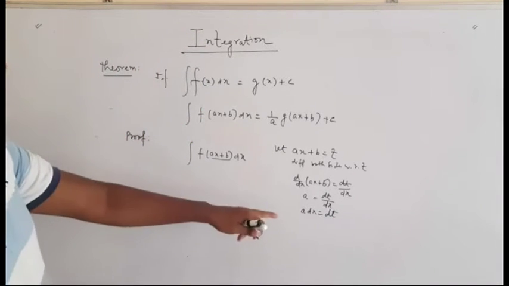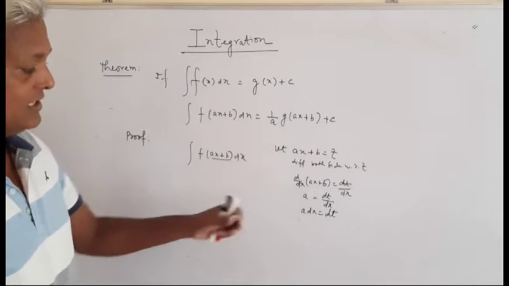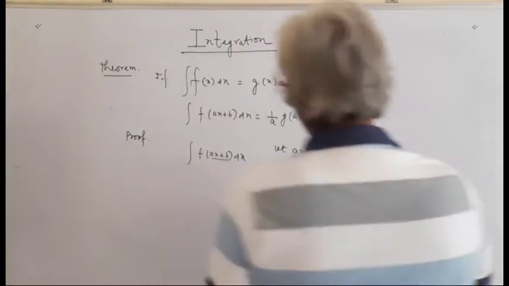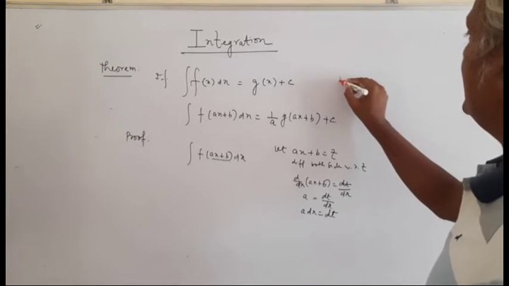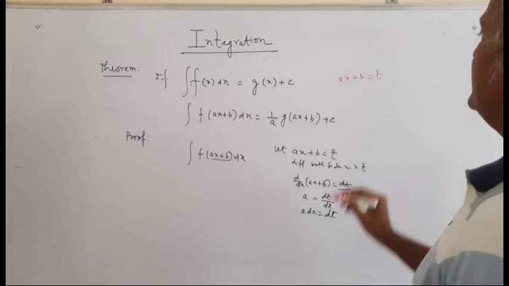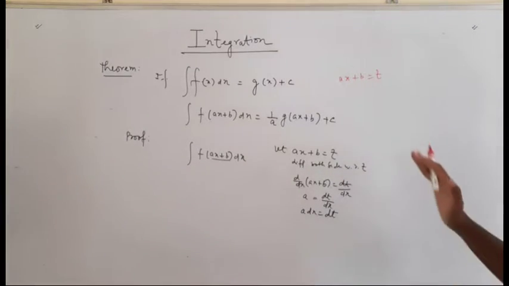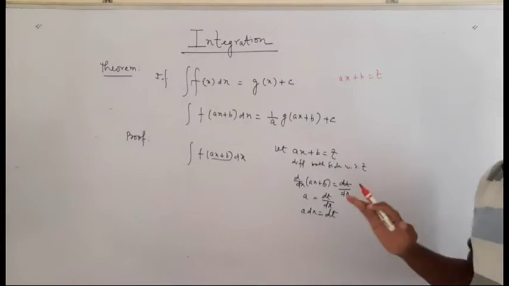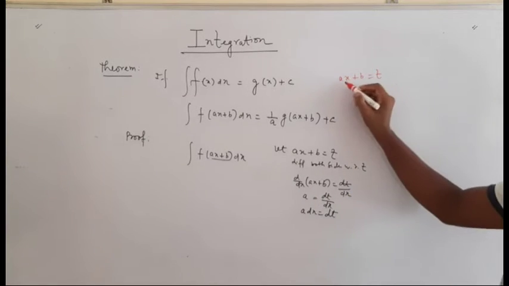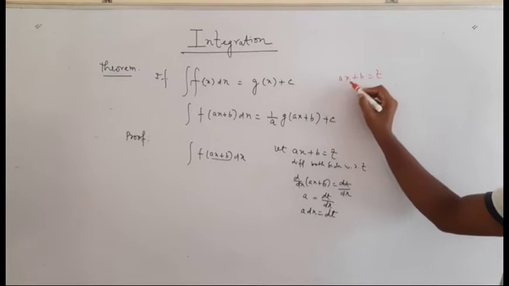What I suggest is that instead of going through this rigor, you can also assume that ax plus b equals t, and then differentiate with respect to whatever the variable was. Here this is x, so you just differentiate with respect to x and attach dx.